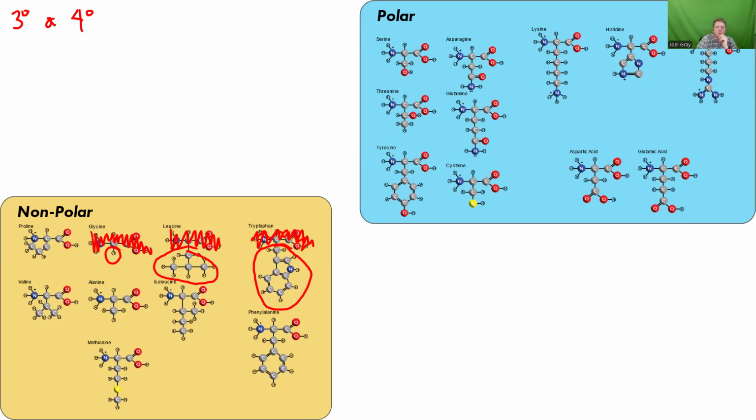Okay, so if we think about H bonding, we need to find either a carbonyl oxygen, which would be a great hydrogen bond acceptor because it's got those lone pairs of electrons.